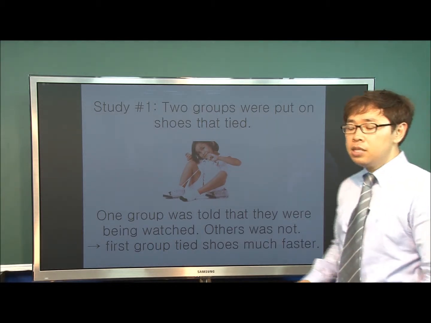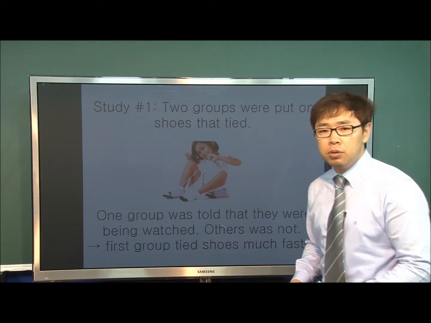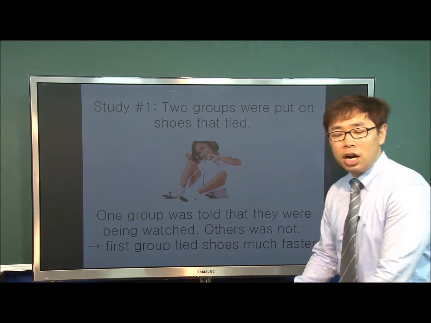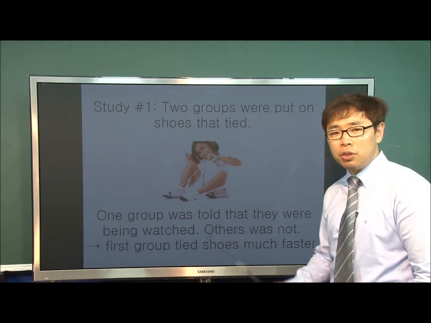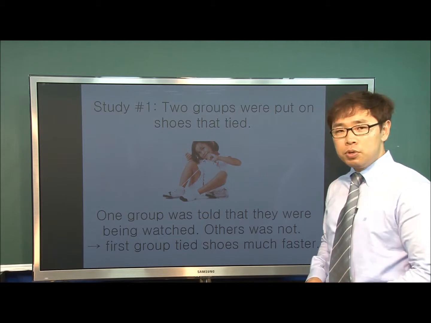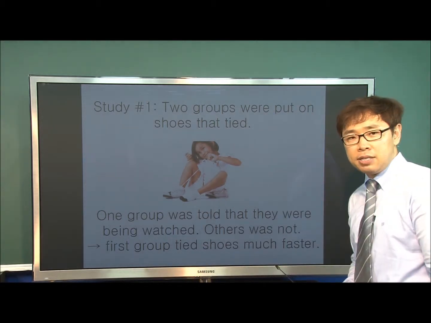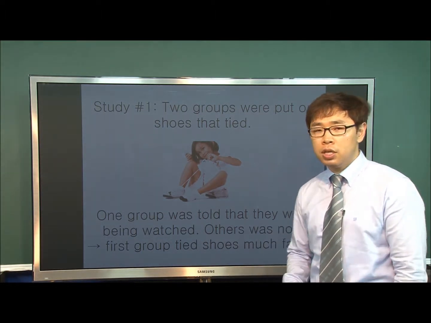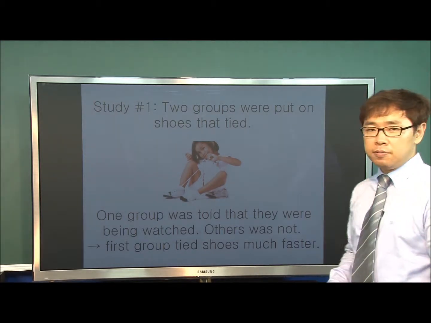So one group knew that someone else was watching them when they tied their shoes, and the other group was never told about this. What was the result? The first group tied their shoes much faster. Those who knew that others were watching tied their shoes much faster.